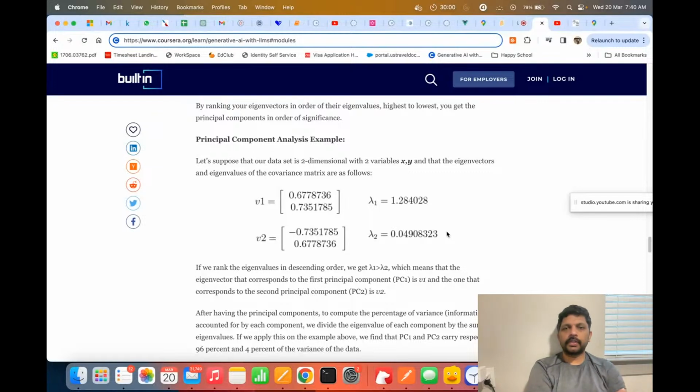Eigenvalue, which means that the first component PC1 is B1.